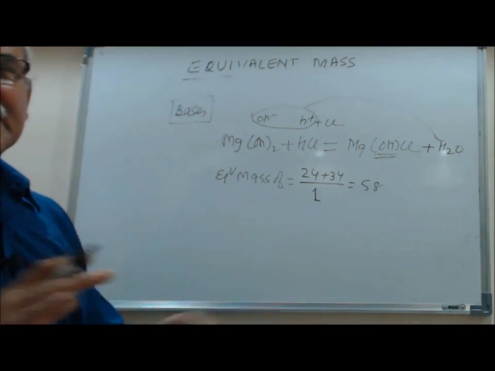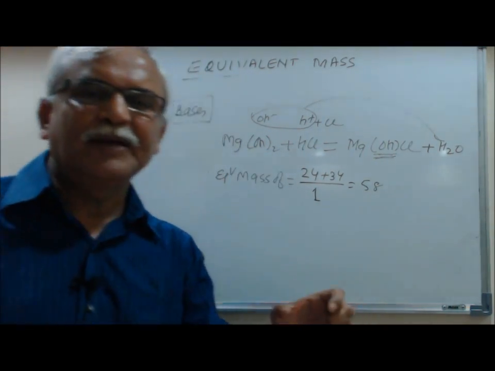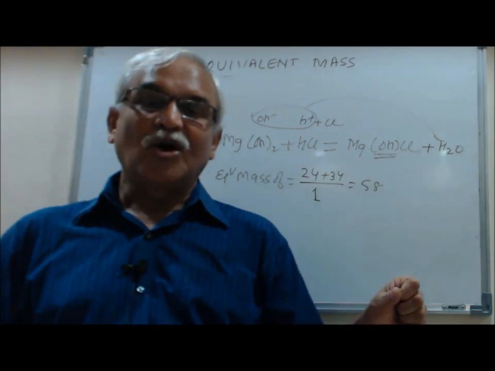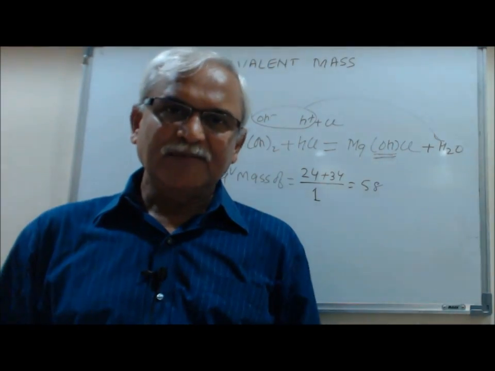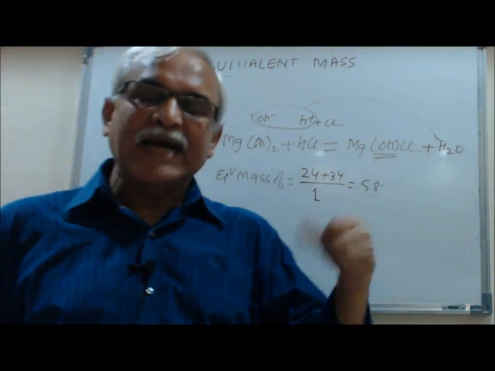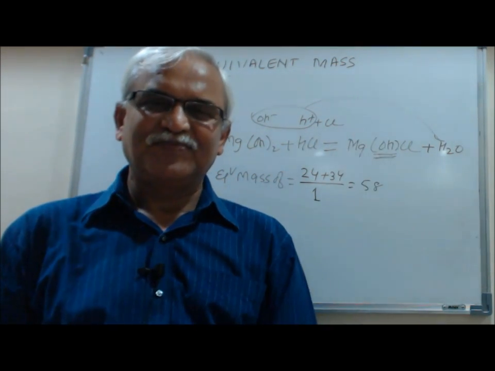The description is exactly the same as that of the acid. So the equivalent mass of an acid will be molar mass by basicity, or the number of protons involved in the reaction. The equivalent mass of a base will be molecular mass by acidity, or the number of hydroxyl groups associated. Okay.